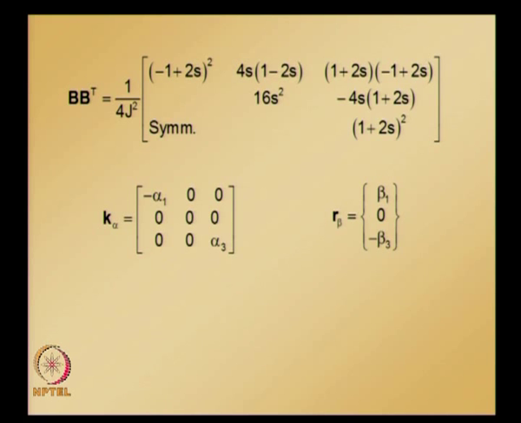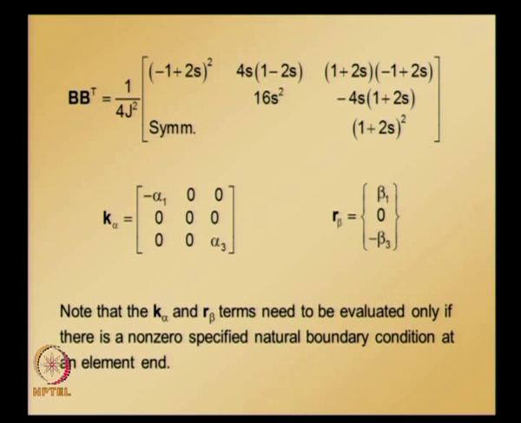And please note that here this k alpha and r beta shows up only if non-zero specified natural boundary conditions are present. Note that k alpha and r beta terms need to be evaluated only if there is a non-zero specified natural boundary condition at an element node.